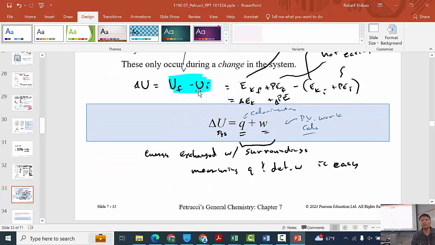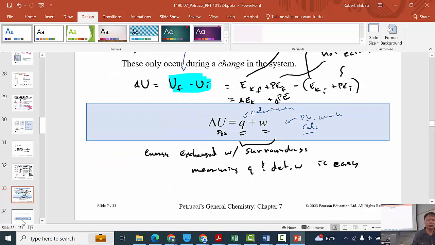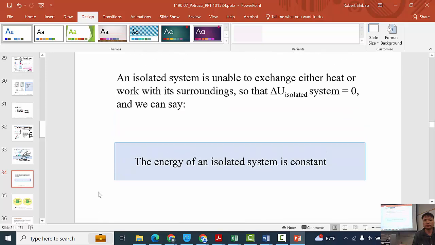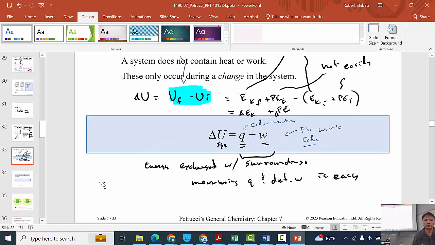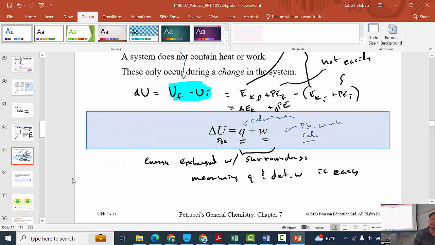And why do we want to know delta U? Let me just give you a preview. We want to know delta U because delta U is what we call a state function.